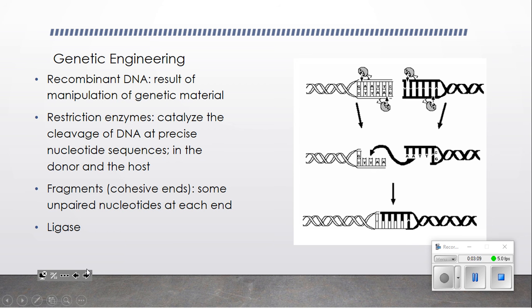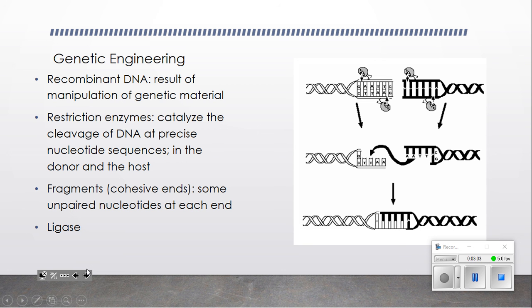Let's just say, for saying's sake, that the left side, the white side, that's the host DNA, the organism who's receiving some DNA. And on the right side, the black part, that's the donor. What we're trying to represent is that we need to cut the exact same sequence in the host and the donor's DNA.